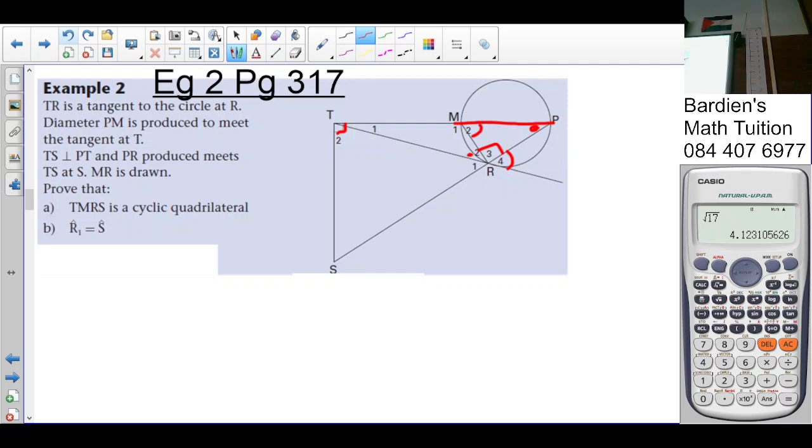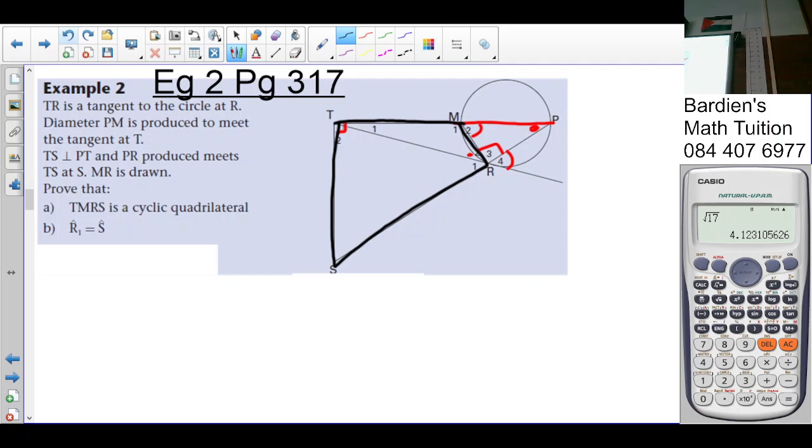And if that angle R3 is equal to that STP, then what do we know? We know clearly that TMRS will be a cyclic quad.